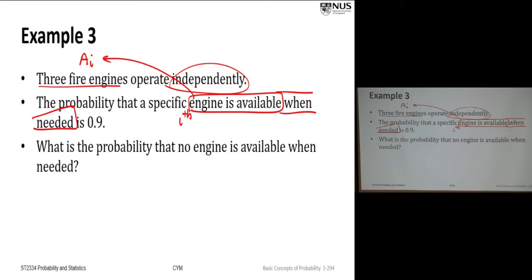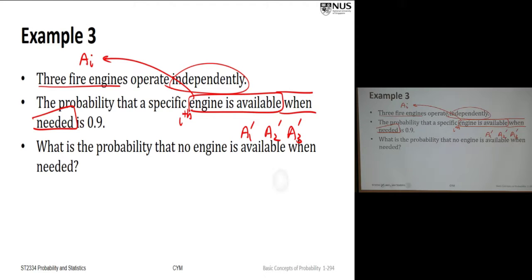With this, how am I going to translate the question into events involving A1, A2, A3? No engine is available. To translate it means A1 complement, A1 is not available, A2 is not available, and A3 is not available.